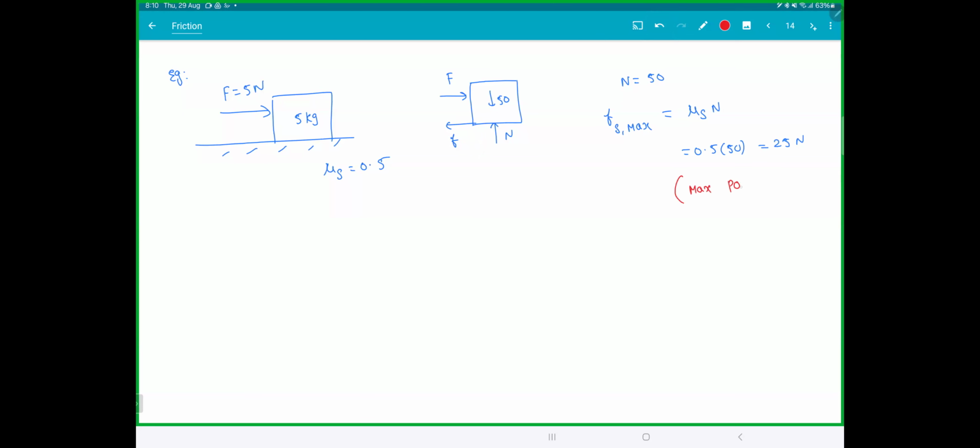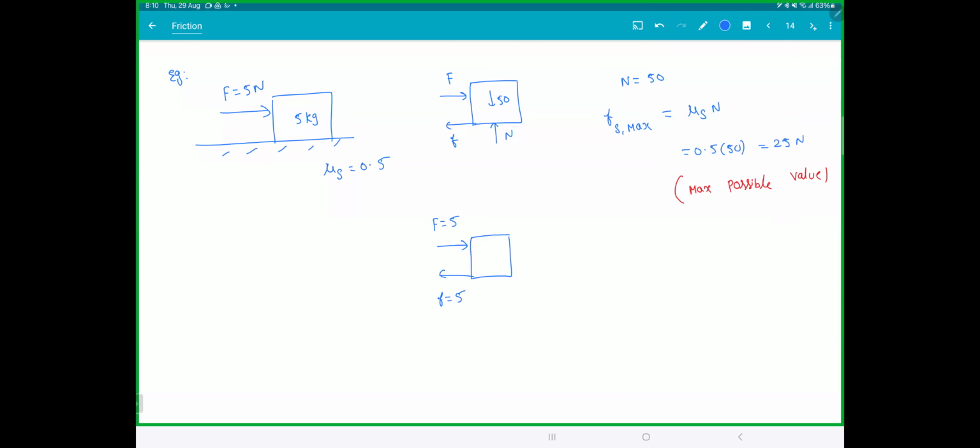This is your maximum possible value. You are ready to give up to 1 lakh, but I asked you only for 10,000. So the friction is saying, boss, I can give you up to 25, but my purpose is not to give you full force. My job is to make sure there is no slipping. So friction will say, if I give 5 newtons, my job is done.